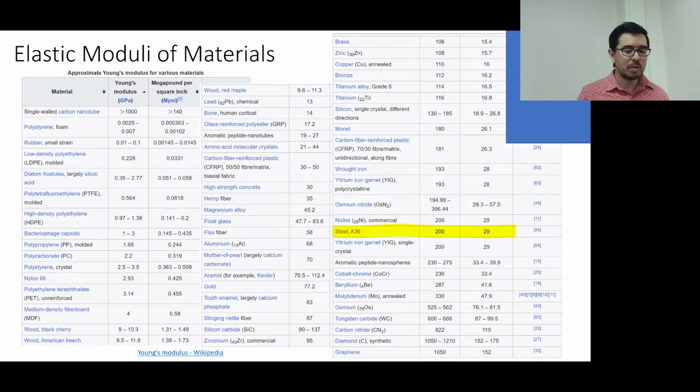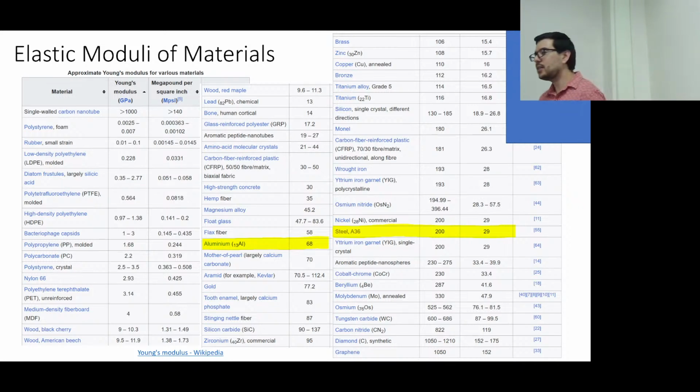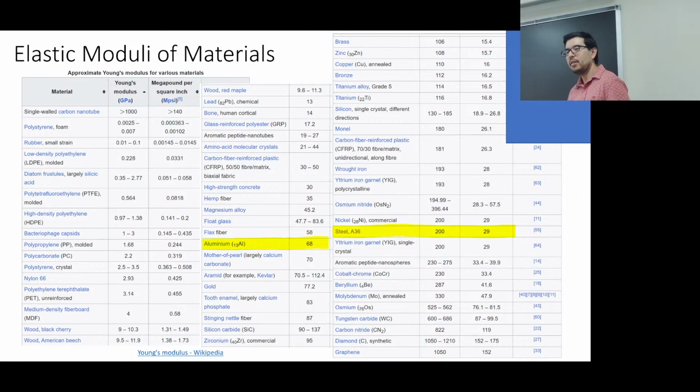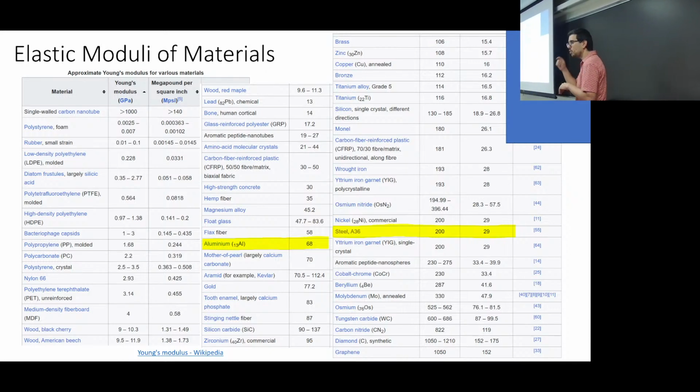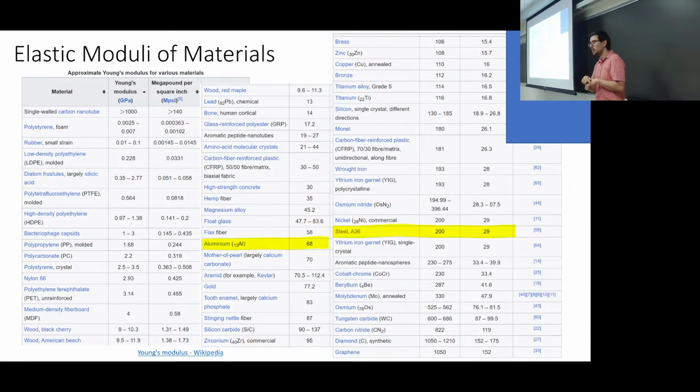Yeah, in that ballpark. Why do I think 210? Because for aluminum, I think 70. Here it says 68. But aluminum, 70 gigapascals, steel, 3 times the elastic modulus. I get 210 or 200, so that ballpark.